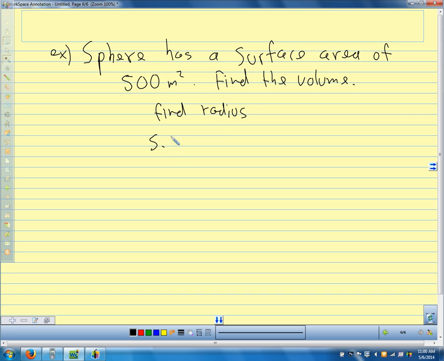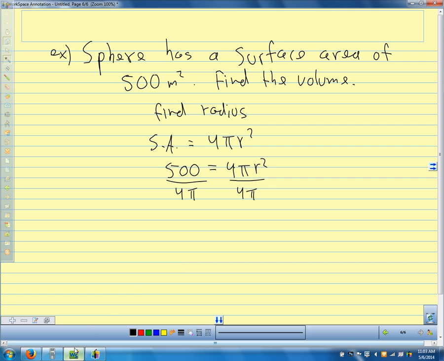So we know that the surface area is 4 pi r squared. So 500 is 4 pi r squared. So I want to solve for r. So I'm going to divide both sides by 4 pi.